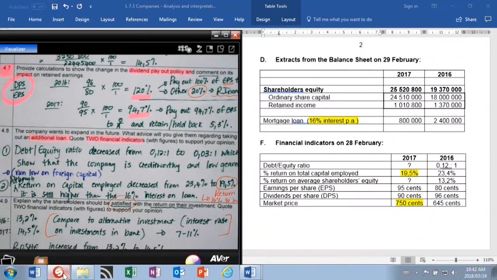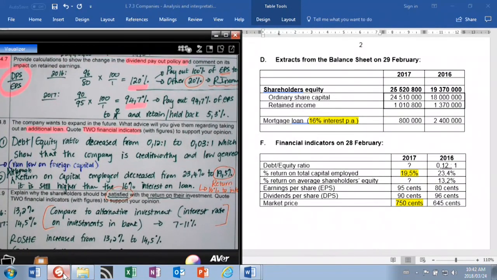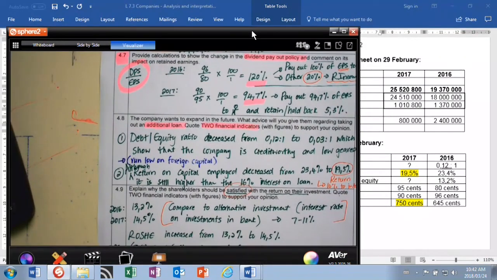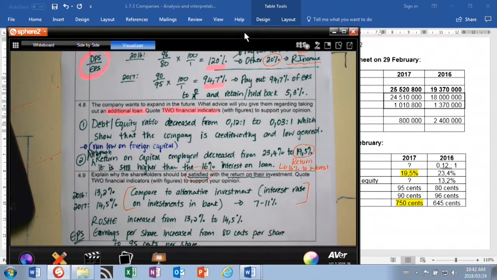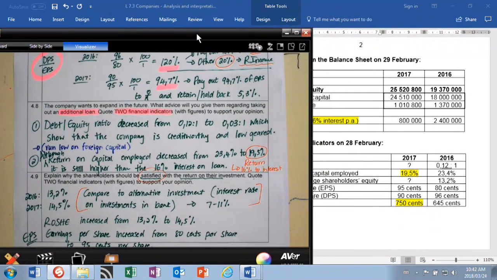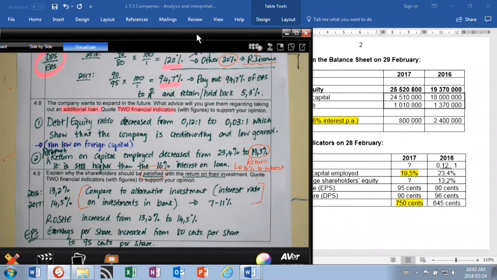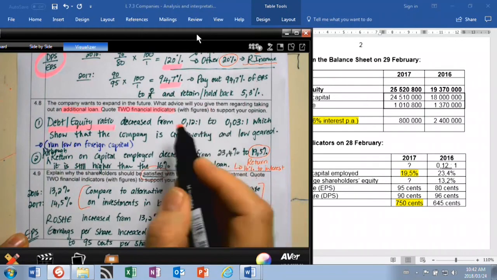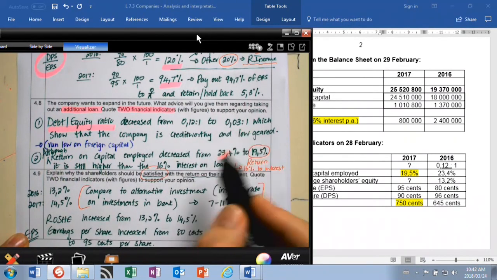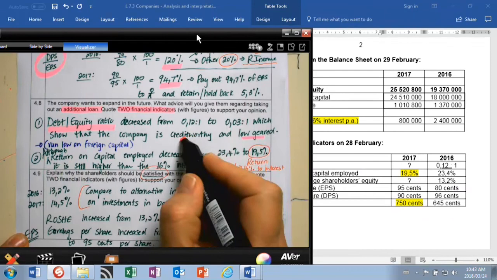Okay, so they love to ask this question. Debt equity ratio, let me just make this a little bit bigger. If they talk about a loan, you always know if they ask you two financial indicators, you go to your debt equity ratio, you show that it decreased or increased, and you mention low geared, credit worthy.